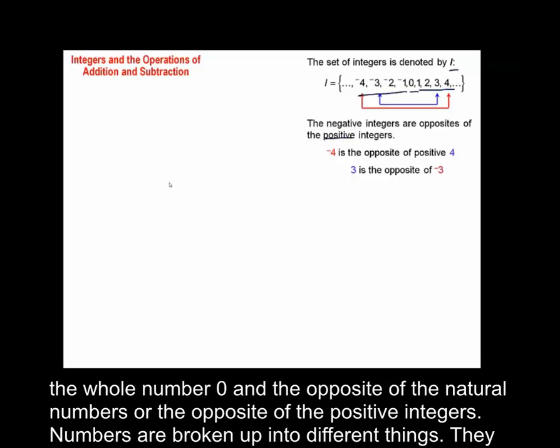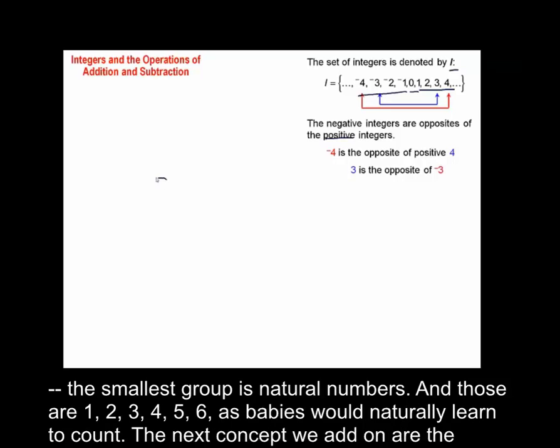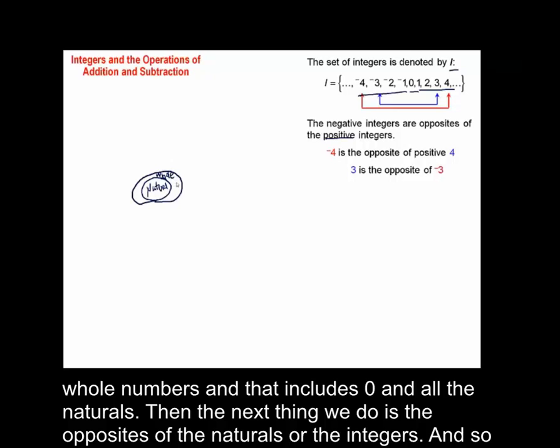Numbers are broken up into different things. The smallest group is natural numbers, and those are 1, 2, 3, 4, 5, 6, as babies would naturally learn to count. The next concept we add on are the whole numbers, and that includes 0 and all the naturals.